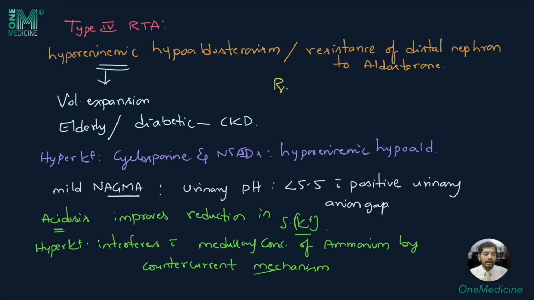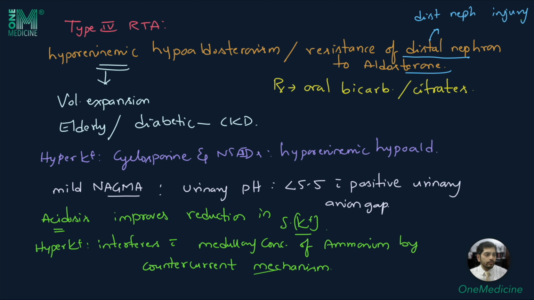These patients can be treated with oral bicarbonate or citrates. And resistance to distal nephron is seen in various patients with distal nephron injury, and here urinary pH will be more than 5.5. This completes the tubulointerstitial diseases.